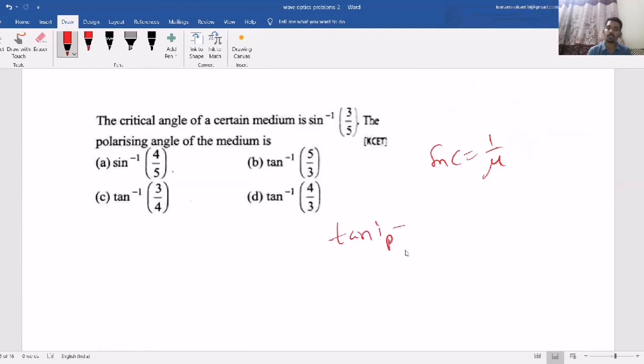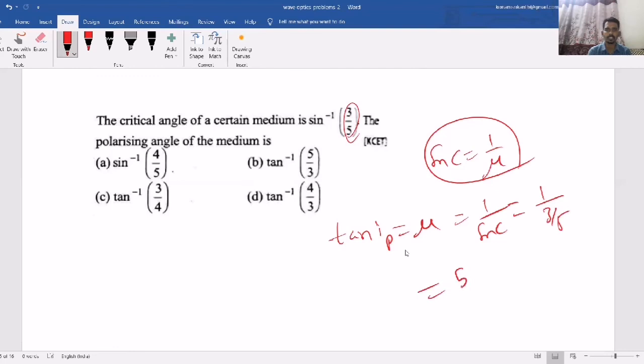So tan IP equal to what? Mu. Now mu equal to 1 by sin c from this condition, where sin c is how much they have given? 3 by 5. So that means 1 by 3 by 5. That means 5 by 3. So tan IP equal to 5 by 3 means IP equal to tan inverse 5 by 3. So what is the answer? Option B.